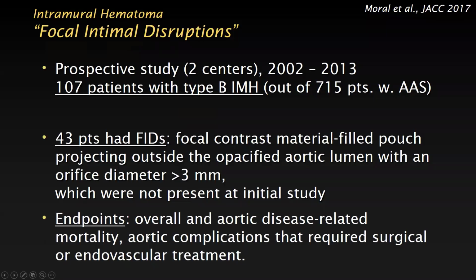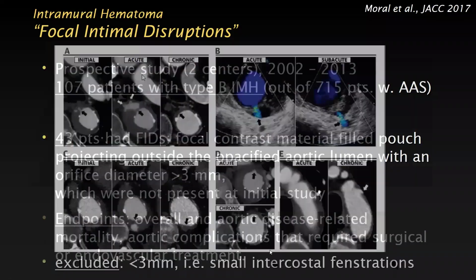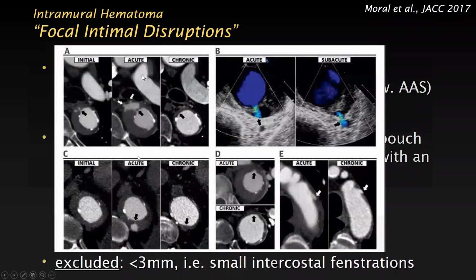The endpoints were any aortic disease-related mortality or overall mortality, and complications that required either surgical or endovascular repair. Just as a reminder, it did not include the tiny fenestrations we were talking about. We see those all the time, and they probably have a relatively benign prognosis.